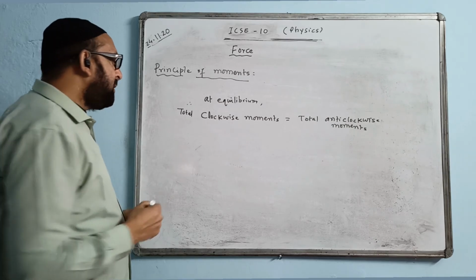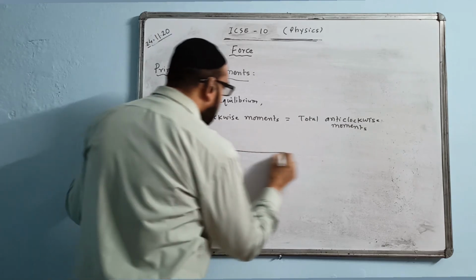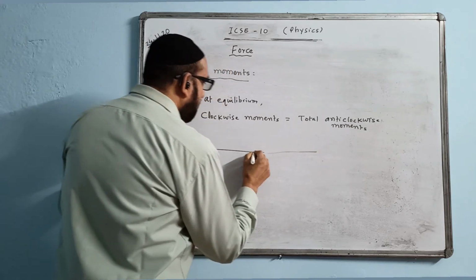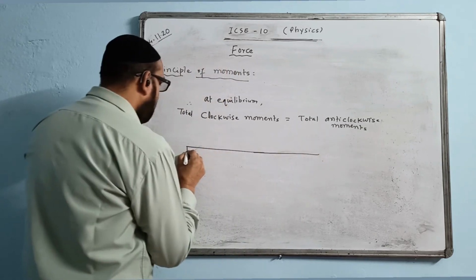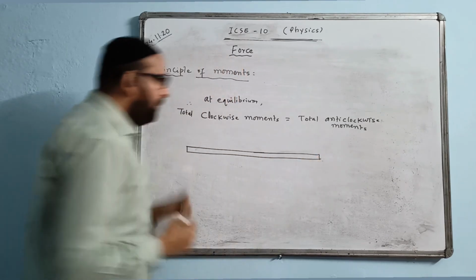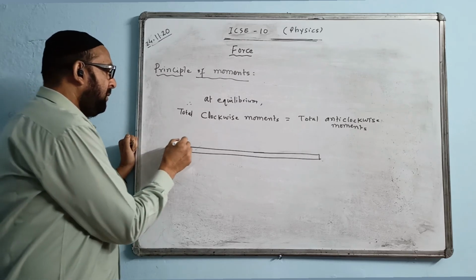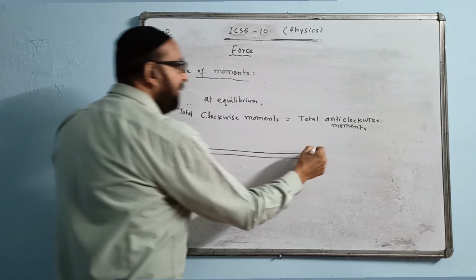Let us see by an example. They may give a diagram like this. Just have a look. Let us take a meter rule, starting from 0 and ending at 100.